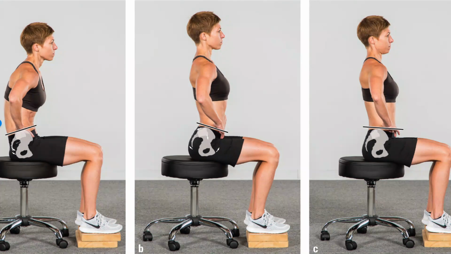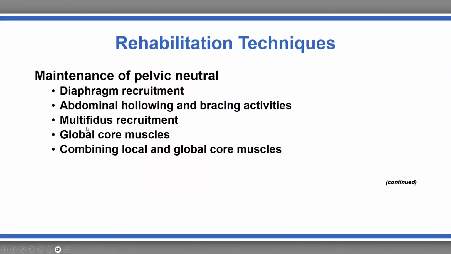However, with proper rehabilitation, patients should be able to improve their muscular strength and endurance, and therefore be able to hold this position more comfortably and for longer durations. Maintaining pelvic neutral relies on several different concepts.